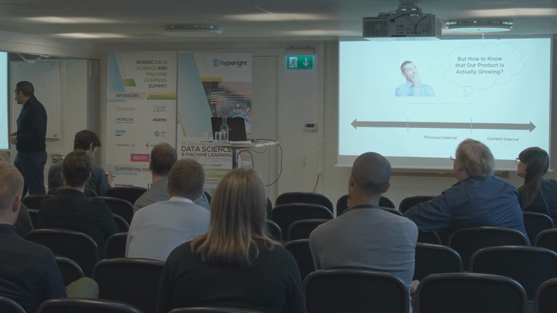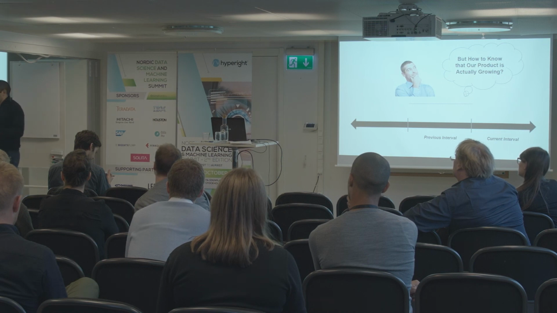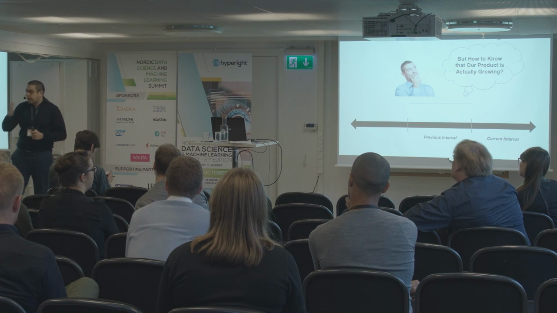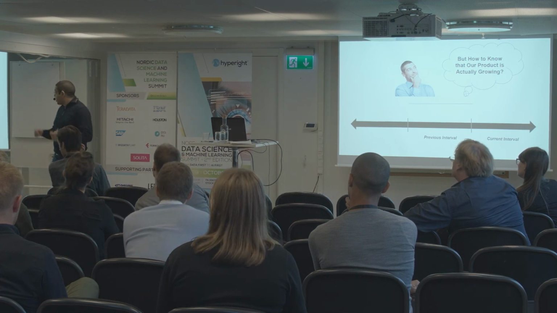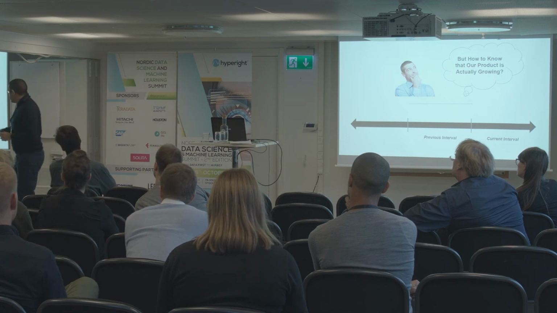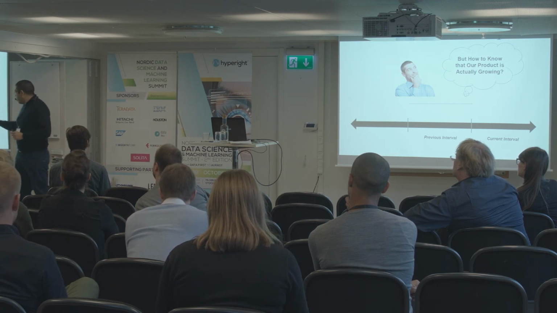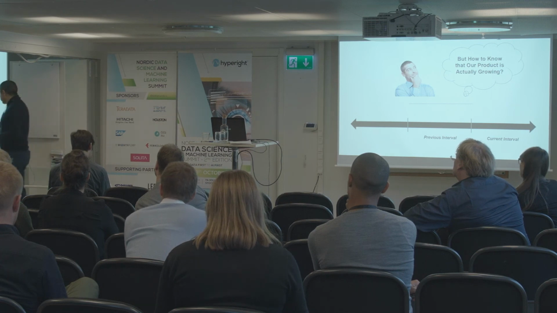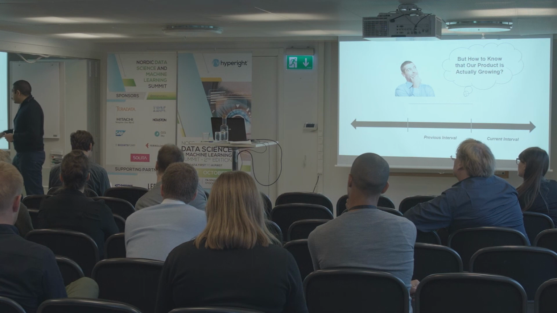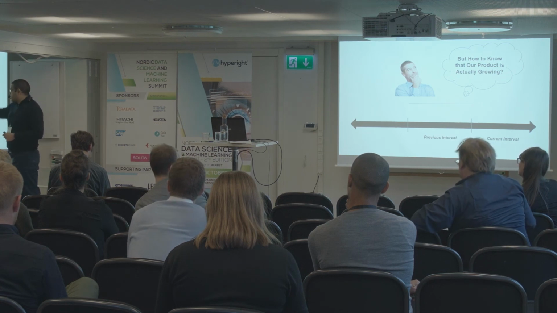If we find, for example, that on average users return every 2 weeks to buy, or 1 week, then these 2 weeks are what we call a usage interval. So we are here in the current 2 weeks, the previous interval is the previous 2 weeks, and so on.